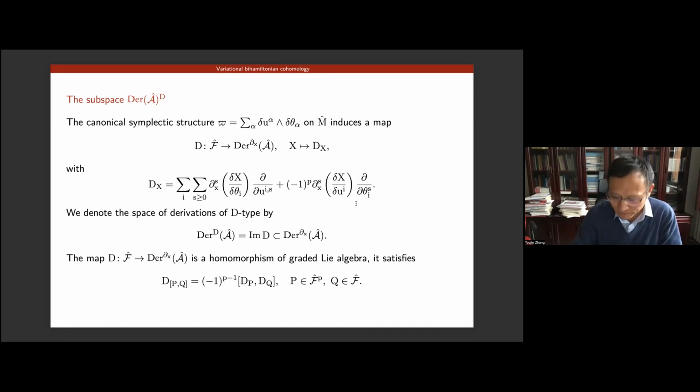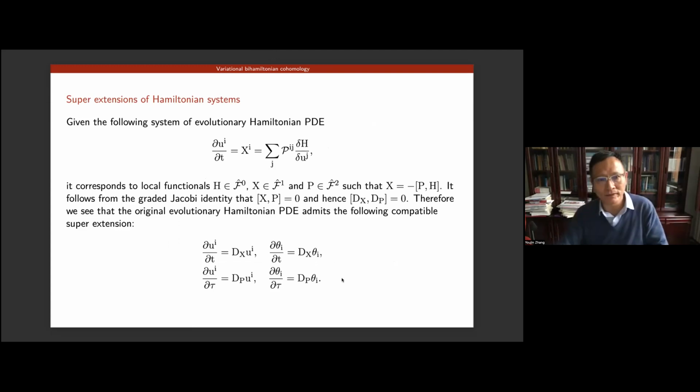Okay. Then using this setting, let's consider the so-called super extension of a Hamiltonian system. If we are given an evolutionary Hamiltonian PDE, such a PDE can be given by a super degree 1 local functional X, and a super degree 0 element h as Hamiltonian, and a local functional P given by a Hamiltonian structure.